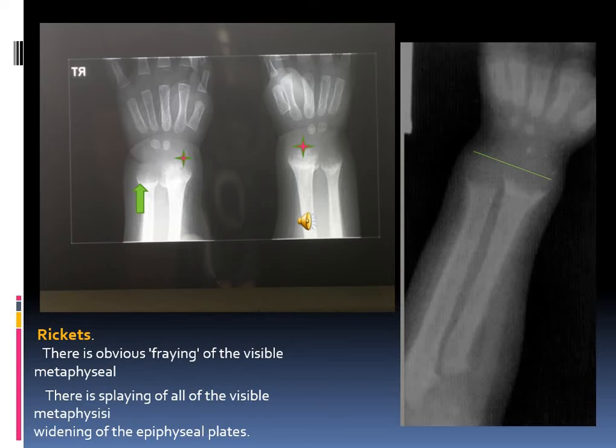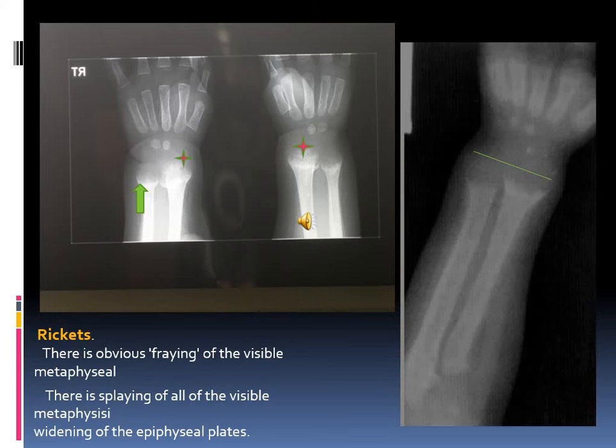So in this example of the wrist joint, what can we see? We can see abnormal density in the ends of the lower bones, which appears as curvature in the ends of the radius and ulna, and this is called cupping and splaying of the lower end of the bones.